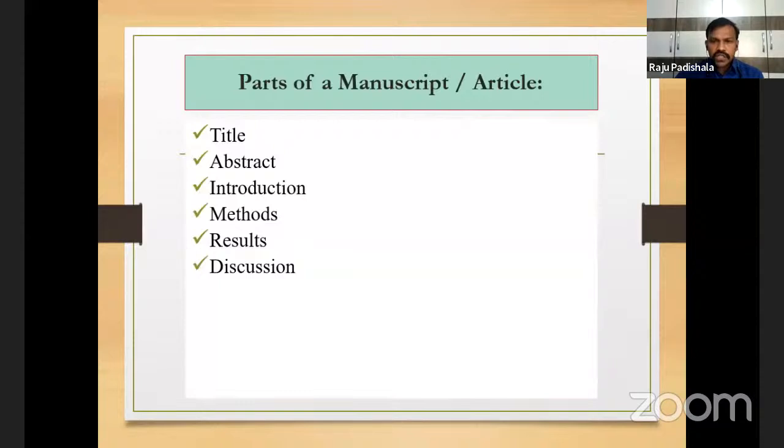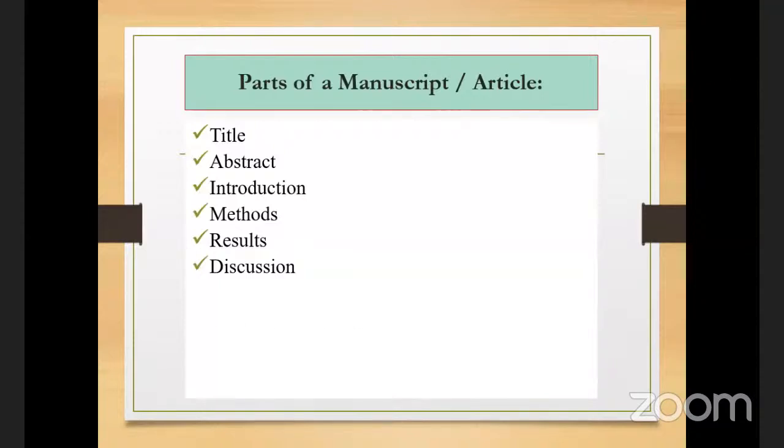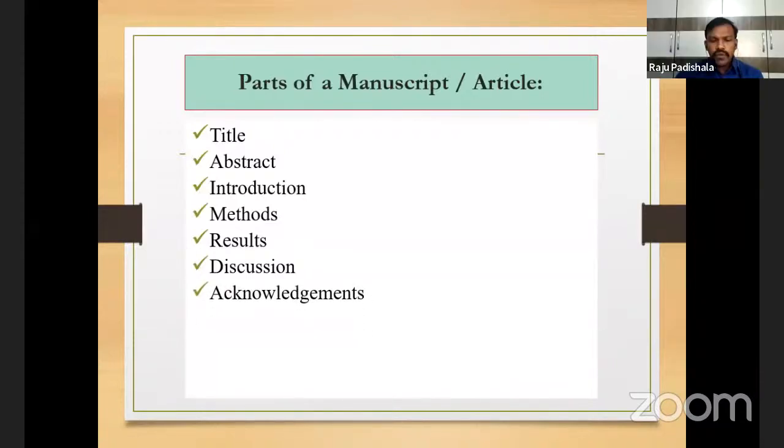We have to mention the discussion part, and we have to mention acknowledgements. Whoever helped for the work, we have to mention in the acknowledgements part. So we have to mention the references. Each reference must be described in detail at the end of the article.